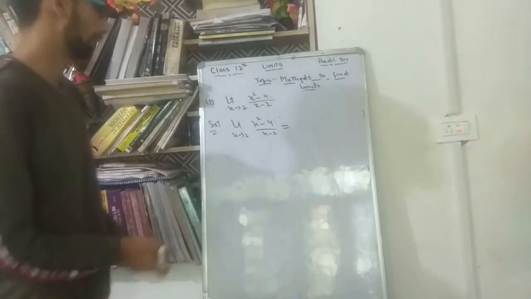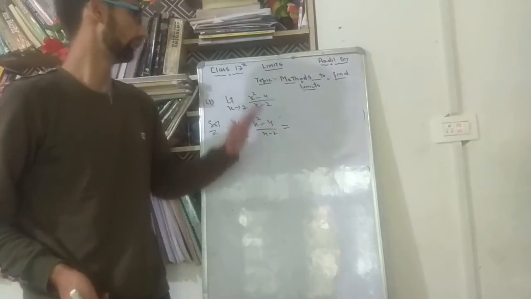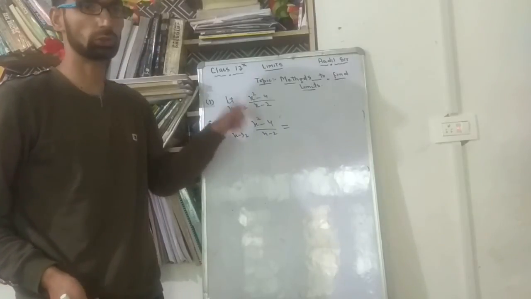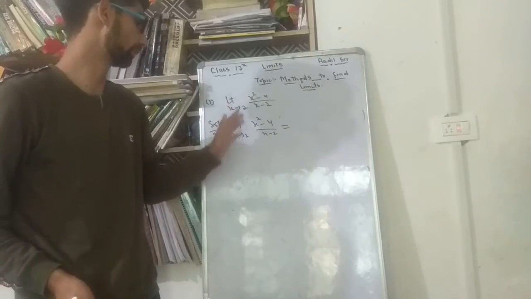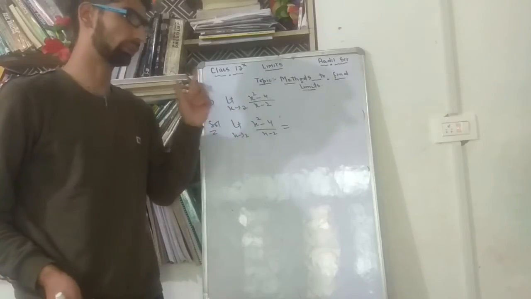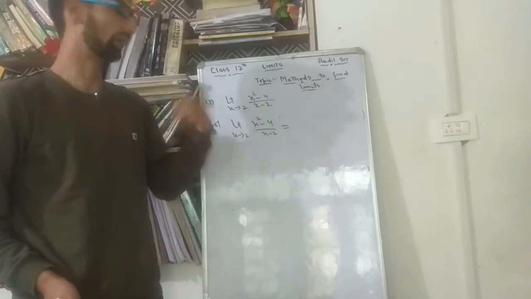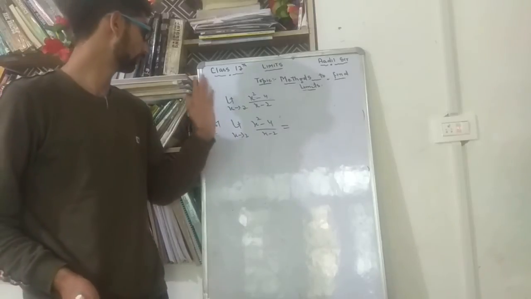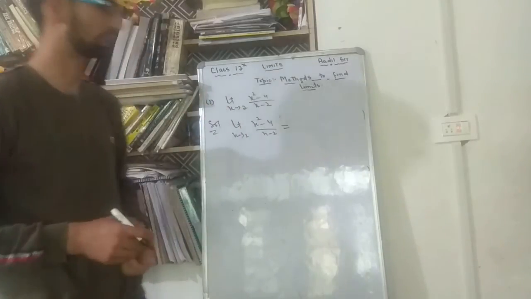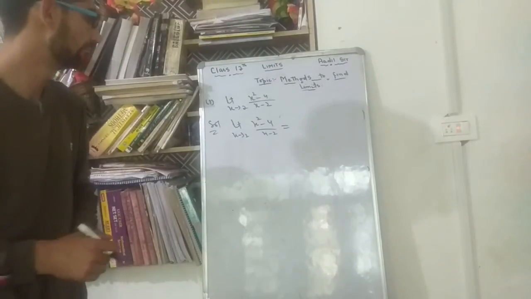You check, beta. I will first try to find out whether the first method follows or not. What was our second method? If you are getting the value of the function at point C finite, then you have to put the value of x equal to C in the function and you will get the limit of that function.